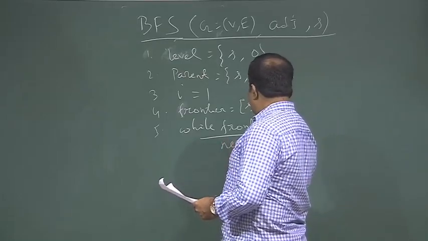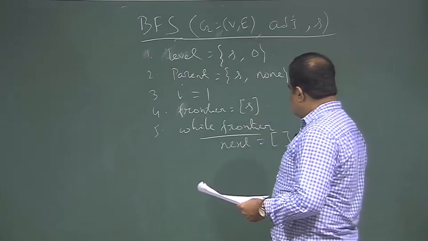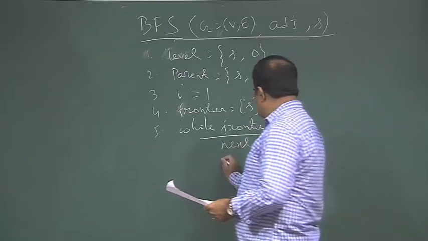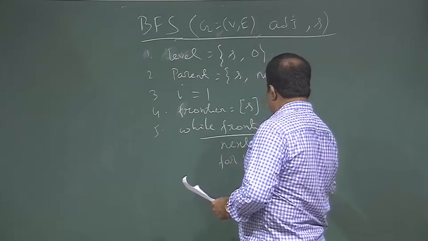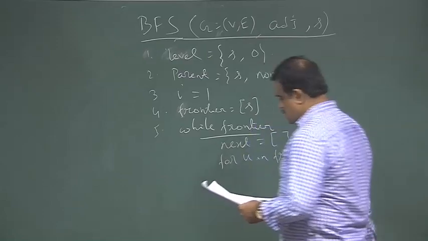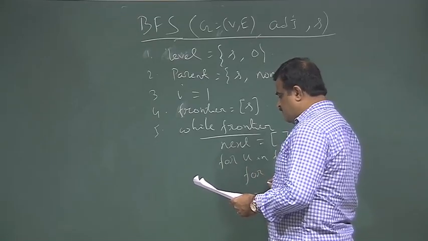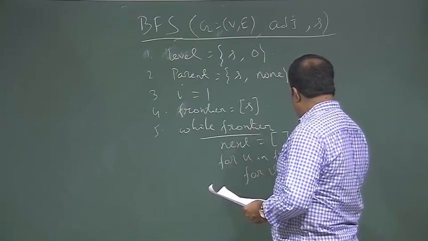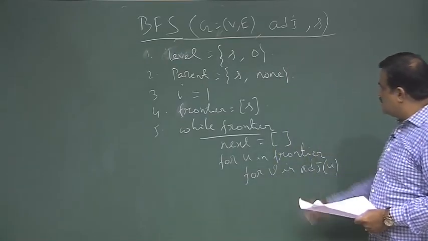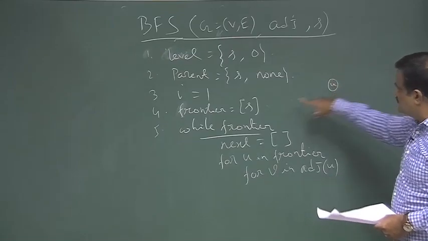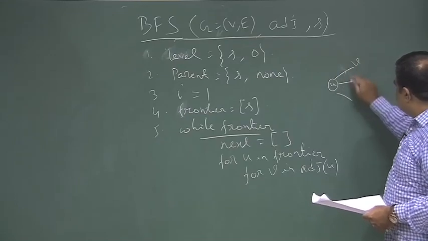Next, we set next to empty, and then we take the elements from the frontier: for u in frontier, we take all the adjacent vertices of u, say v. Initially u is S. We take all the nodes which are adjacent to u.